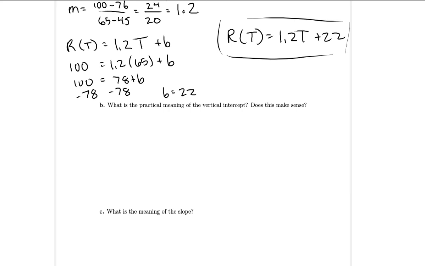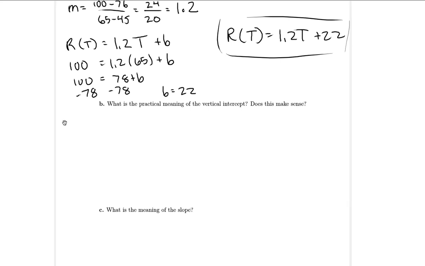All right, so the vertical intercept. We know that is when we're plugging 0 in for the independent variable, so for temperature, and we're seeing what happens. Of course, what happens is you just get that 22. So let's think about this. This is temperature, this is chirps per minute.